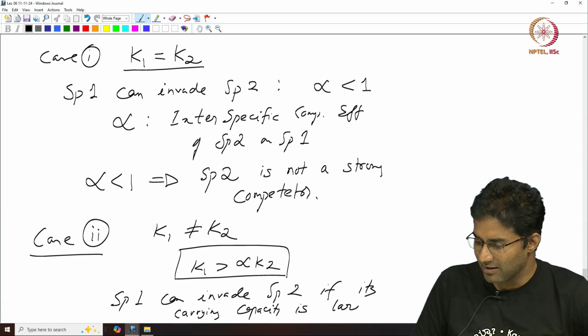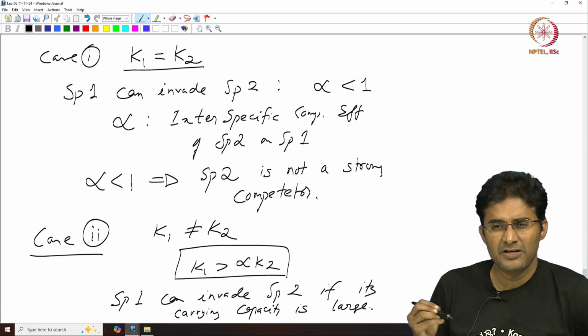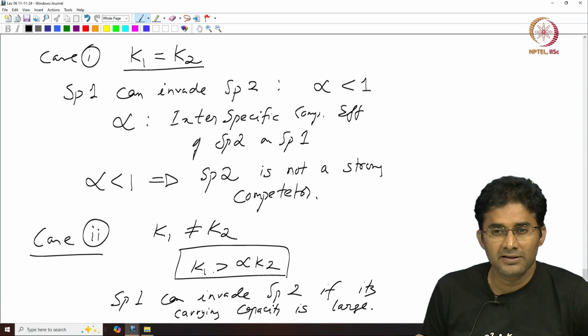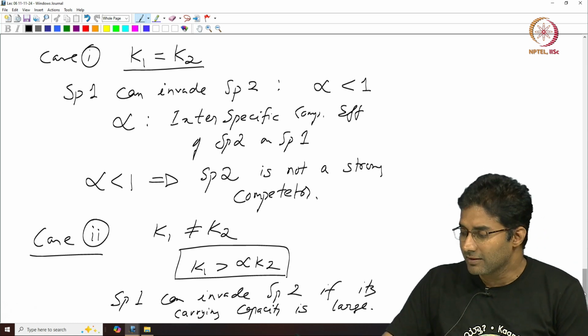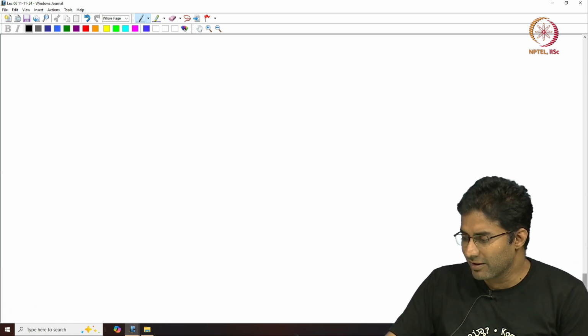I say sufficiently large because it must be sufficiently large so that this inequality K1 greater than alpha K2 is met.